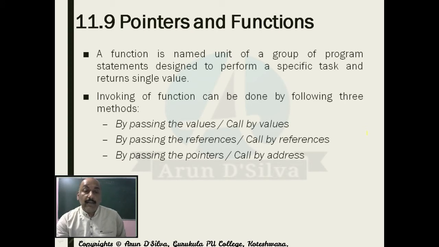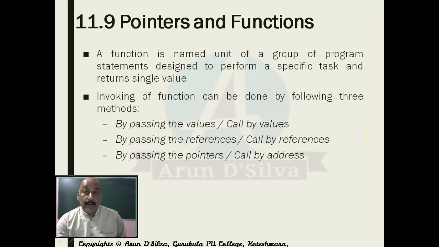So far we have learned the first two methods in the last year. The third method, passing by pointers or call by addresses, I'll teach you today. I will explain all three methods by taking one simple program example.